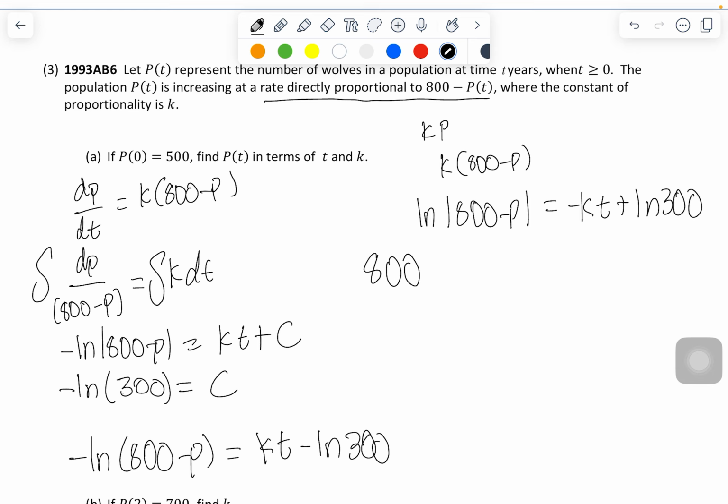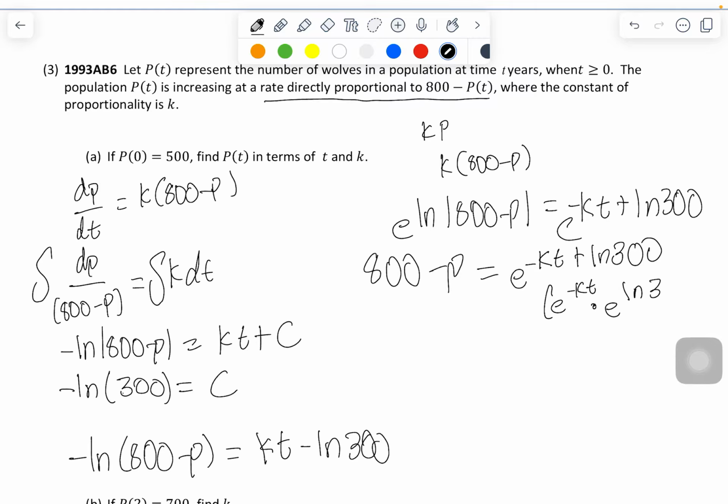And if we raise both sides to the power of e, 800 minus p equals e to the negative kt plus ln 300. This is technically e to the negative kt times e to the power of ln 300.